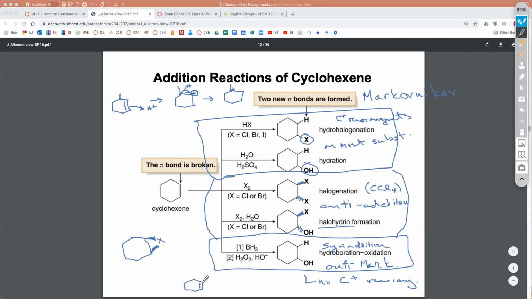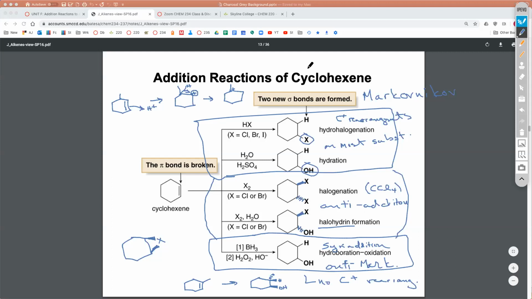Let's say that here we had this compound, then the H, if it were coming out toward us, and of course we would get both stereoisomers, but if the H was coming out toward us, then the OH would also be coming out toward us, and this would be going back away from us. But again, you get the anti-Markovnikov addition, and because of the mechanism, which we'll take a look at in just a minute, you do get syn addition here.